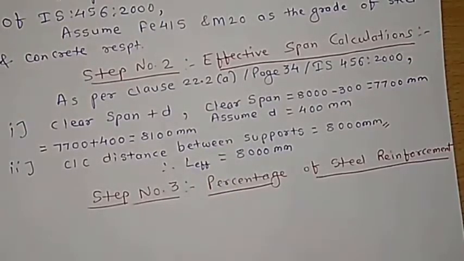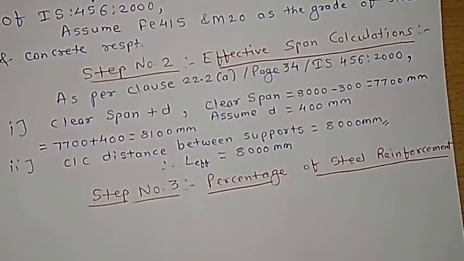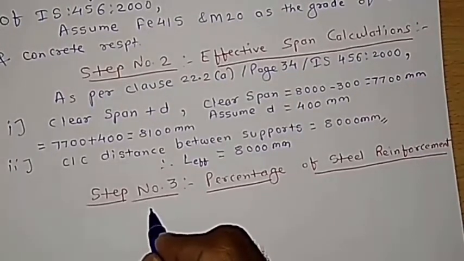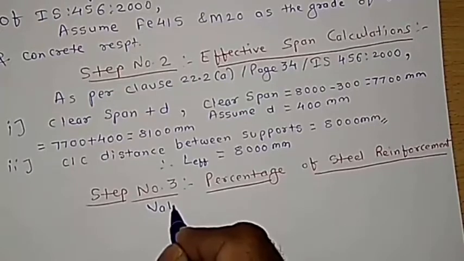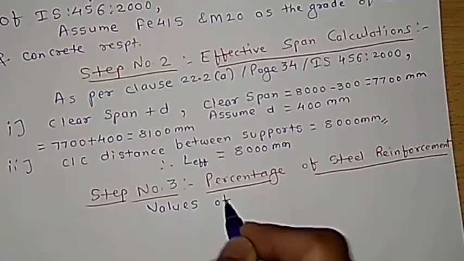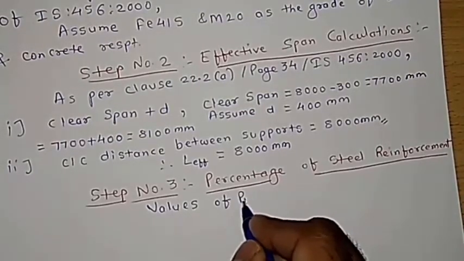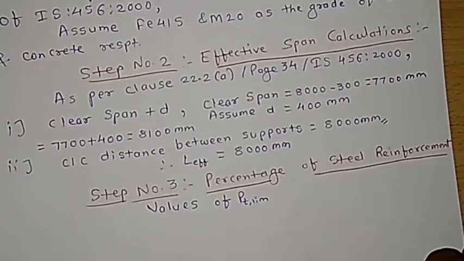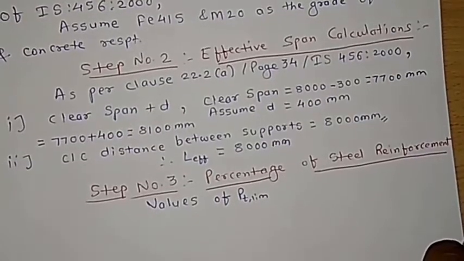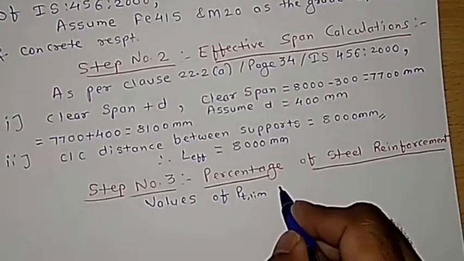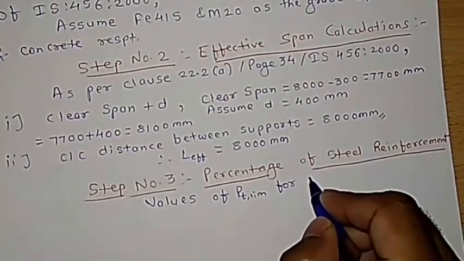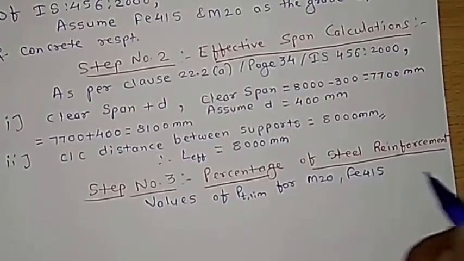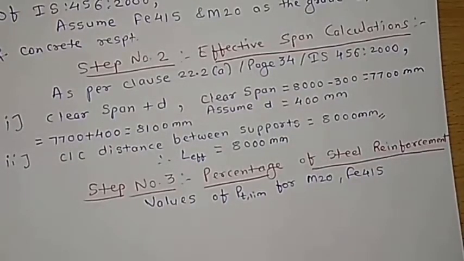Let us say the values of PT limiting. This is actually for M20 and Fe 415.